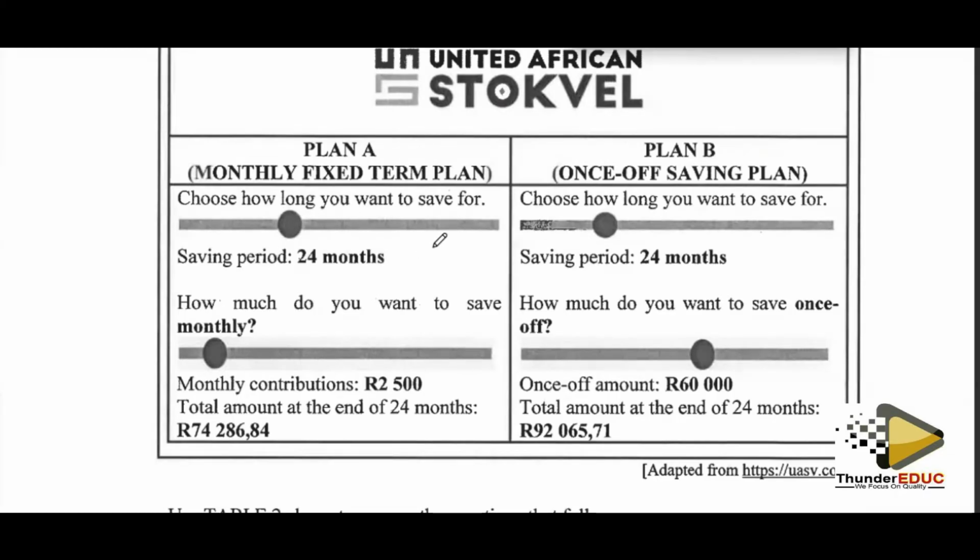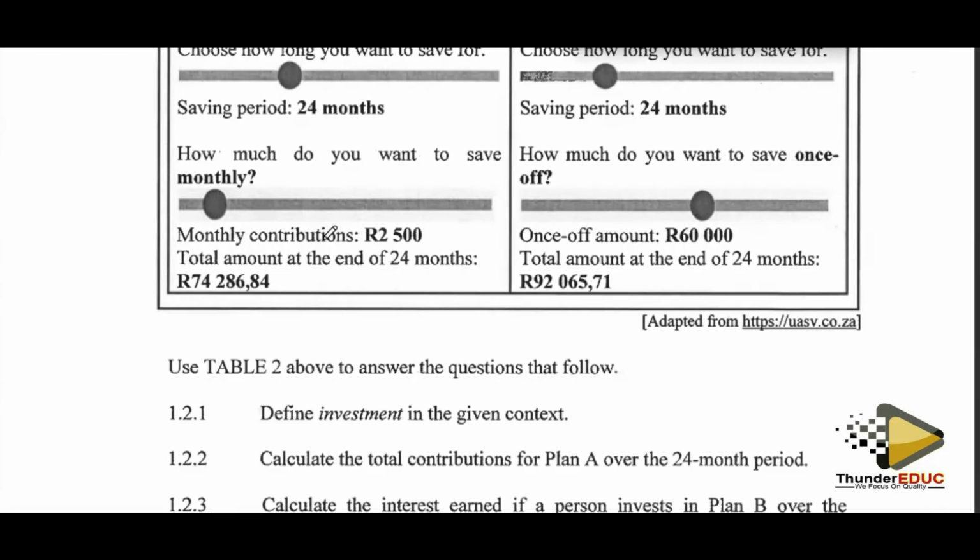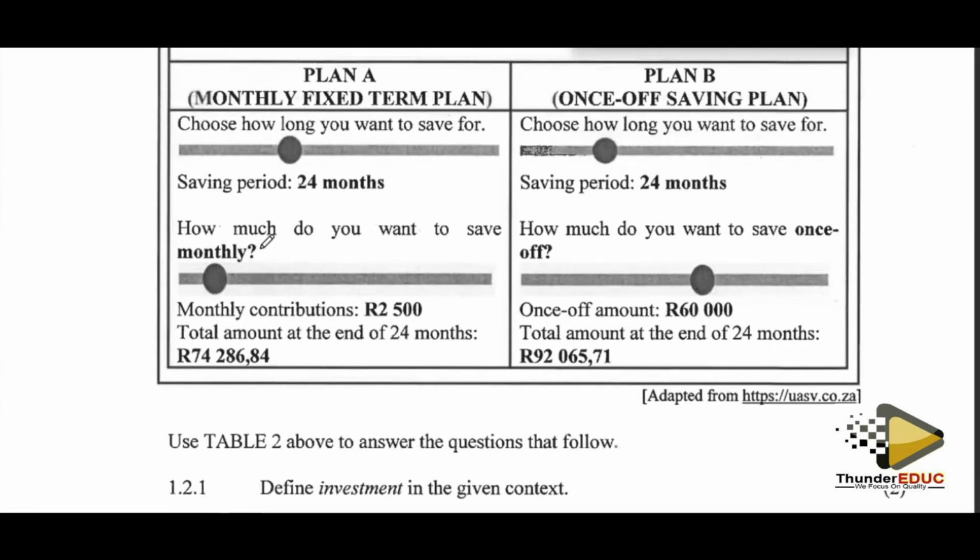So a saving period of 24 months, simply meaning these are 2 years. How much do you want to save a month? To save monthly, simply meaning every month you'll be depositing. Yeah, it's a once-off amount. All right, there we go. In plan A, they need you to contribute 2,500. Most people would say 2.5. 2,500 rands. This is monthly.